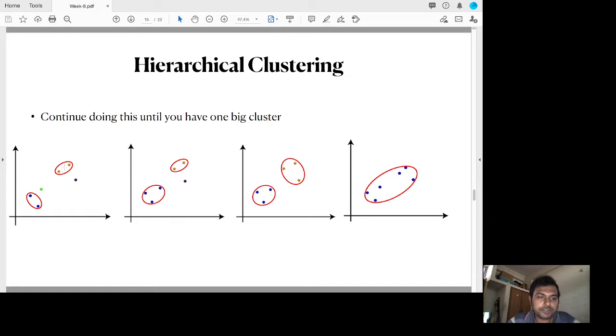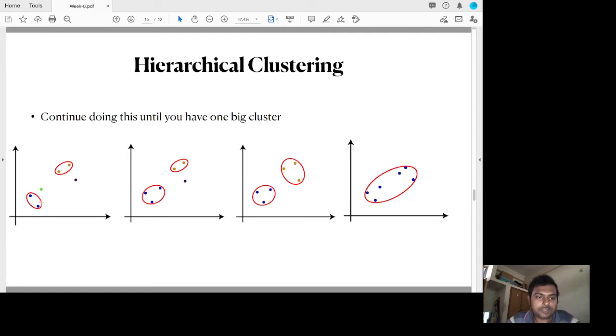How to compute the distance between two clusters is something I'll come to later; there are several techniques. For now, think that somebody has told you how to find the distance between different clusters. You compute that again for all the clusters, and you find that these two blue points are closest to one another, and therefore you make them into a cluster too.